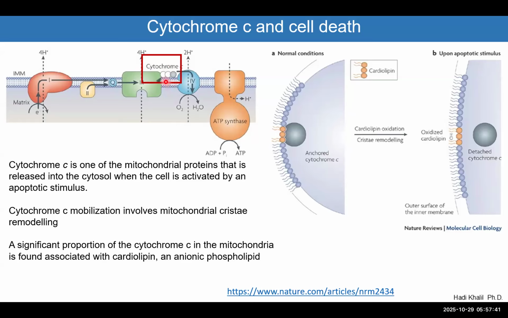But what keeps cytochrome C residing within the mitochondria? Which brings us to an association of this protein with the phospholipids of the membrane. Most of the cytochrome C, as you can see, is very nicely drawn here. This is cytochrome C. It is anchored with the phospholipids of the mitochondrial membrane, and the name of these phospholipids is cardiolipin.